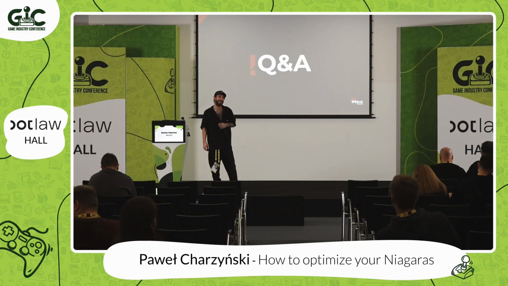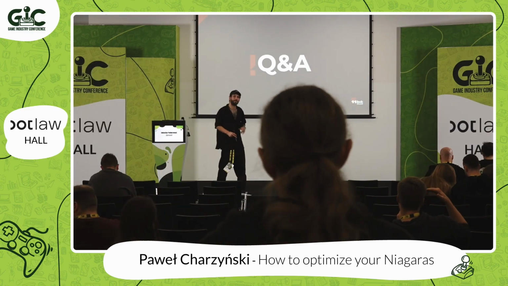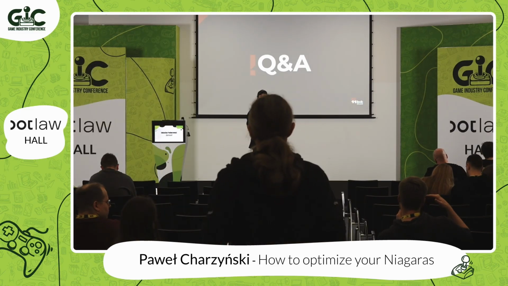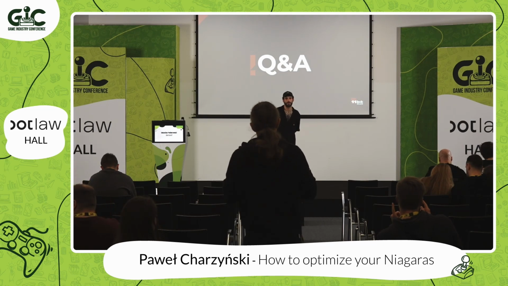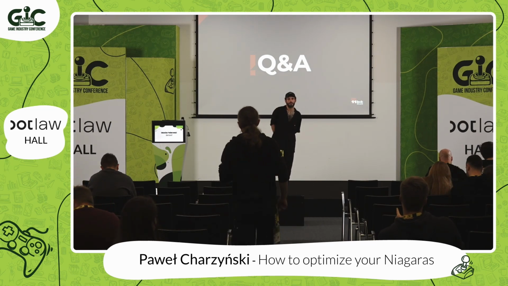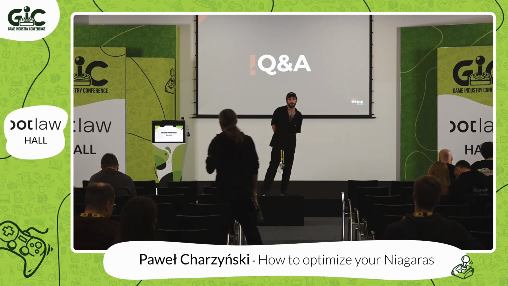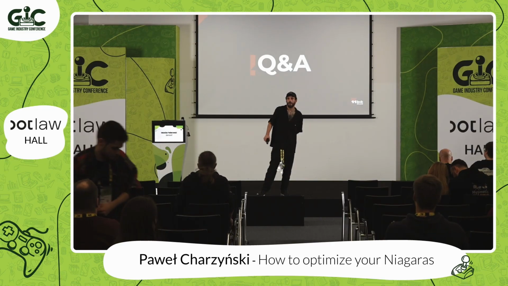Let's leave it. Can I have just one single question? What's the main difference between the built-in scalability options, the ones that are built into the engine itself, compared to your custom logic that you have told us about?